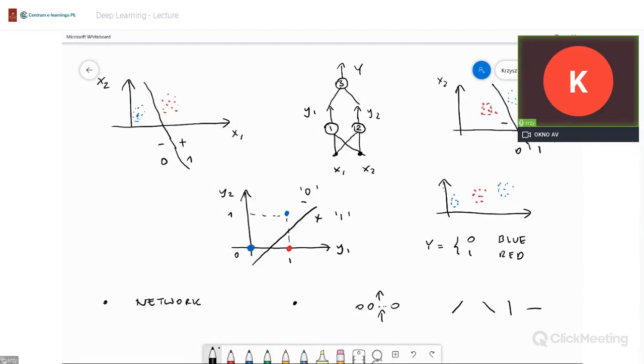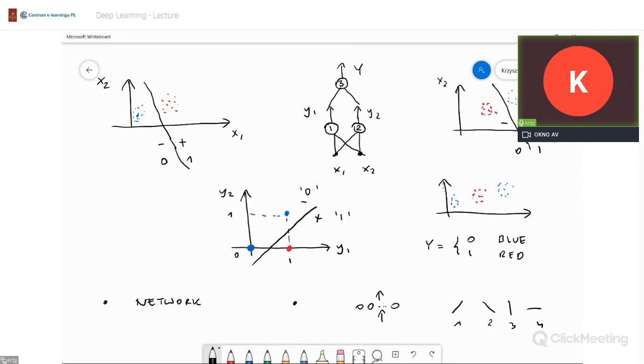So if I have, let's say, 4 different neurons, 1, 2, 3, 4, and if this is a 2-dimensional space, then maybe these neurons will separate space using lines or hyperplanes. In n-dimensional space, these are hyperplanes.